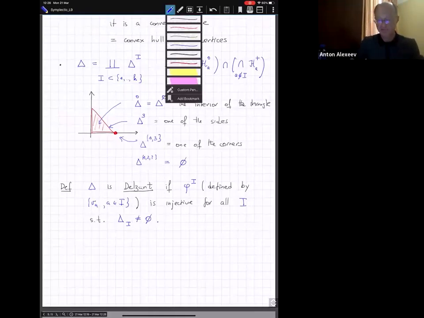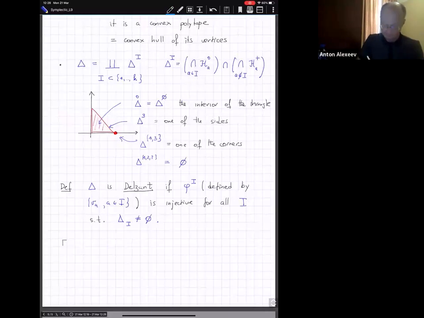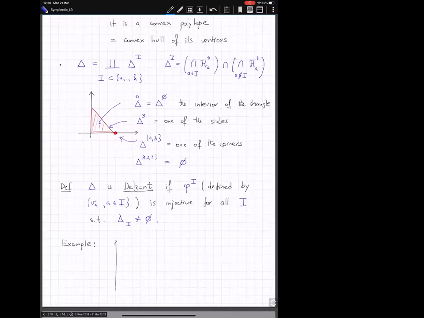So you're going to work with it a lot in the next problem set, but let me still illustrate it a little bit in my example with a triangle. Have you defined phi I already?